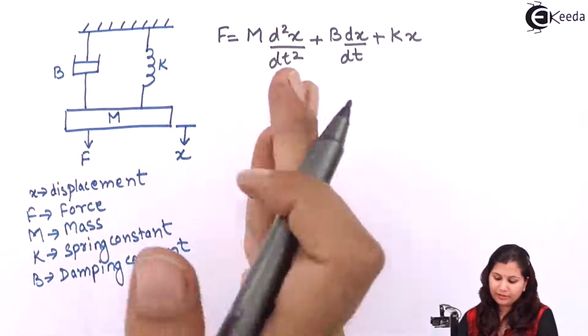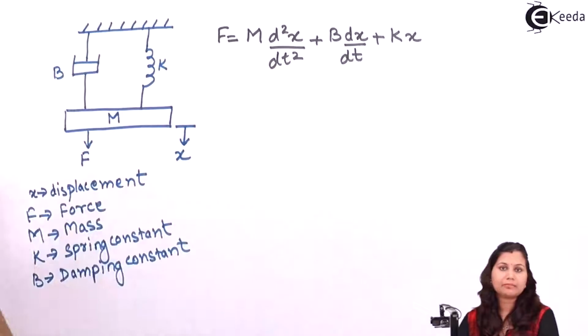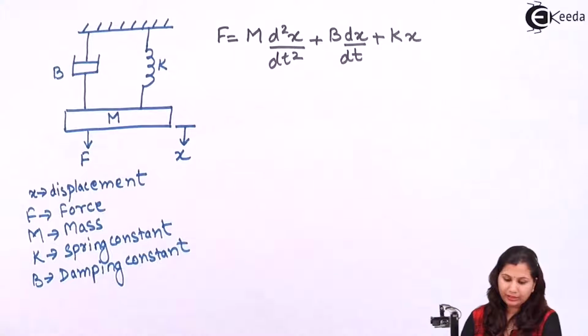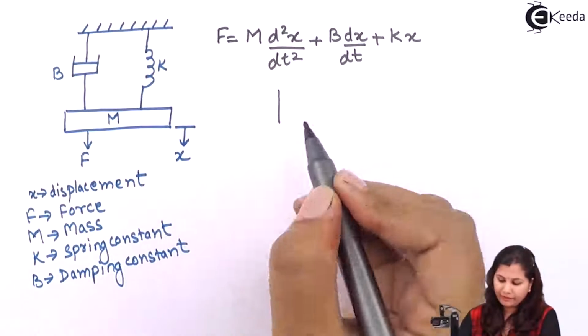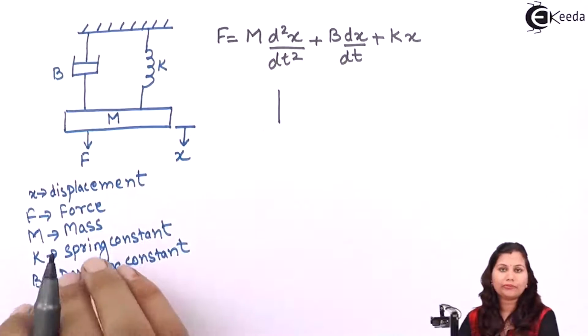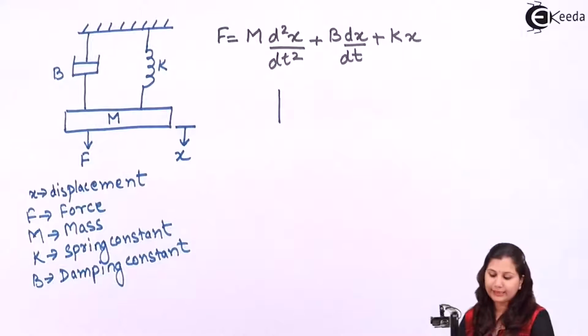Now, if we express this mechanical translational system in terms of an electrical system, how can we do it? Let us consider an electrical system having the series combination of resistor, inductor and capacitor.